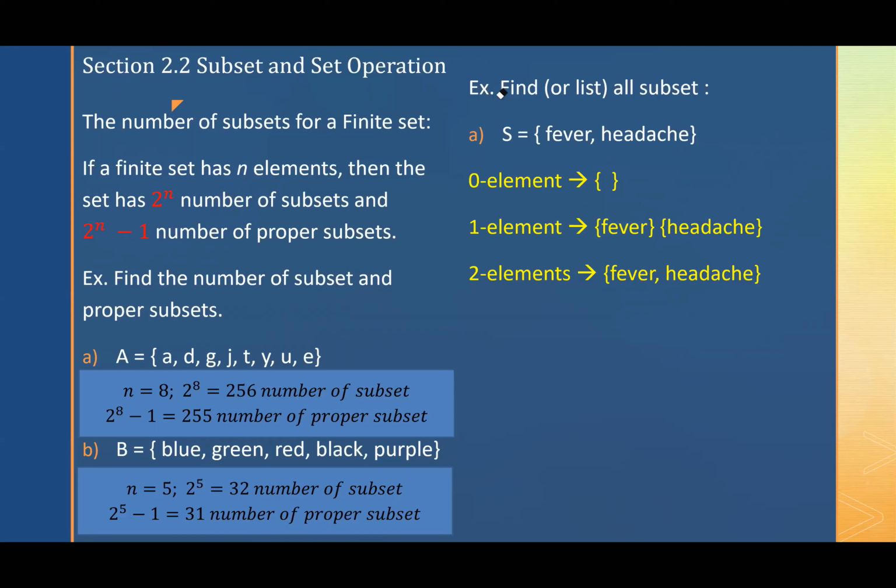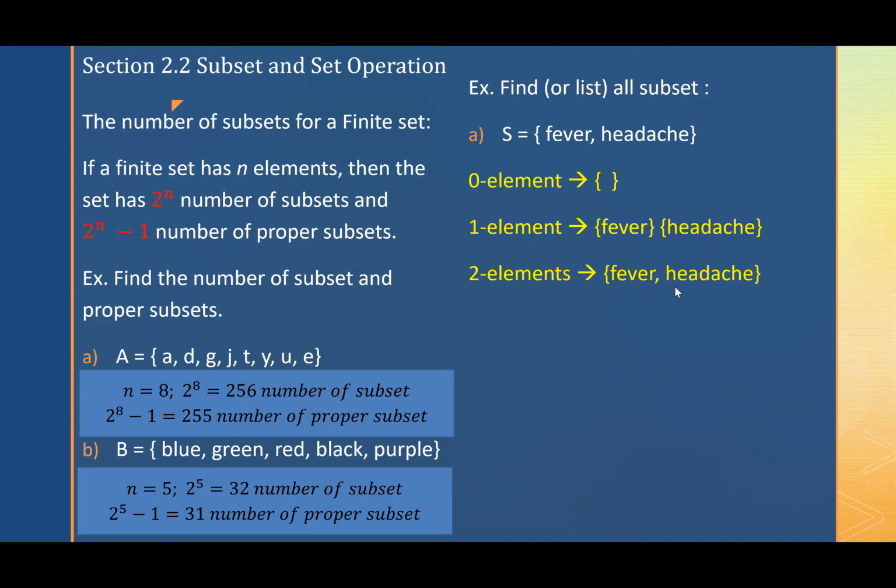And they ask you, how many sets can you get? List the sets that don't contain both symptoms. So if they ask you to list those, you only list these 3 items: you might not have any symptom and still have a flu, you might have 1 symptom, you might have 2 symptoms, right?